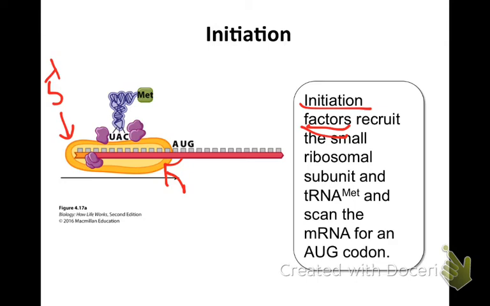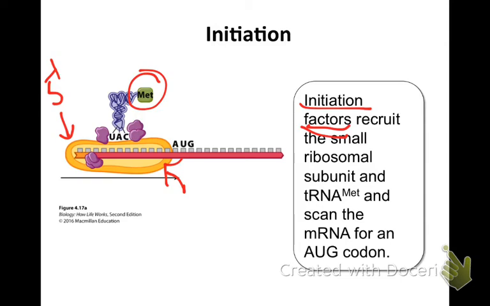The small subunit is alone, waiting for the initiation factors to recruit it to newly exposed messenger RNA from the nucleus. The tRNA is also involved, with the appropriate amino acid, which is always methionine. You always have the tRNA with UAC attached to methionine first.